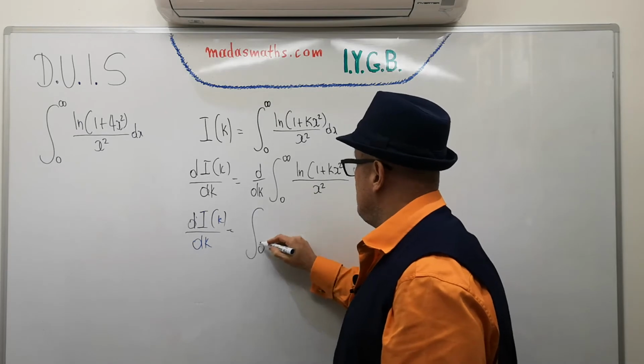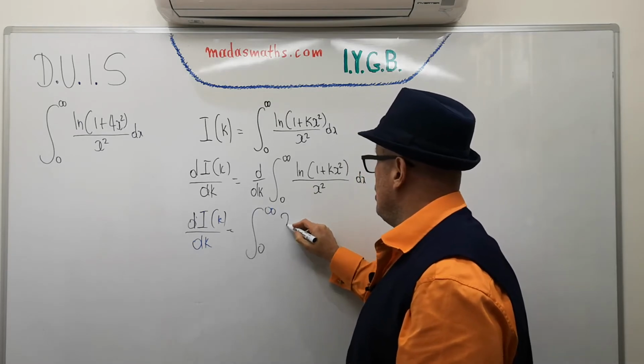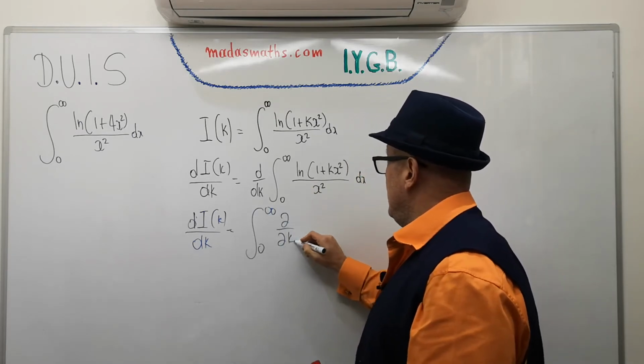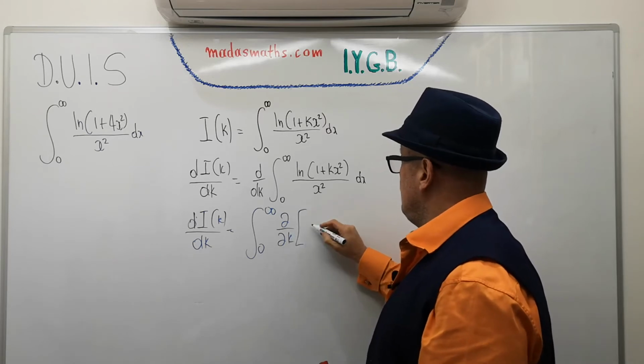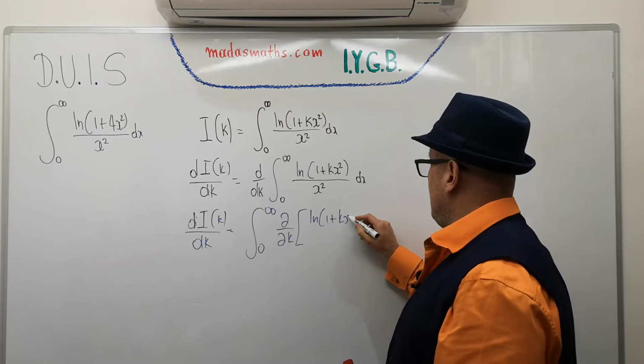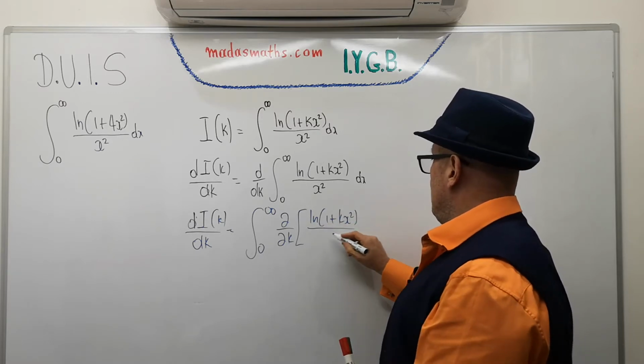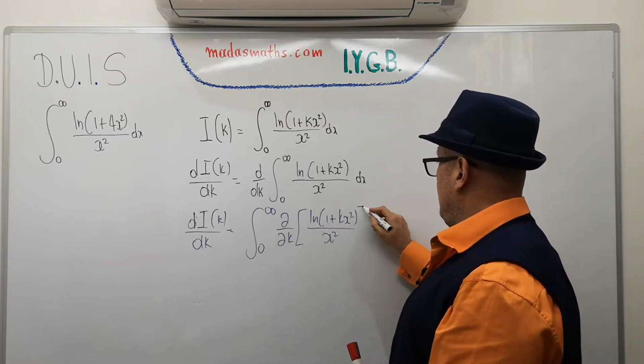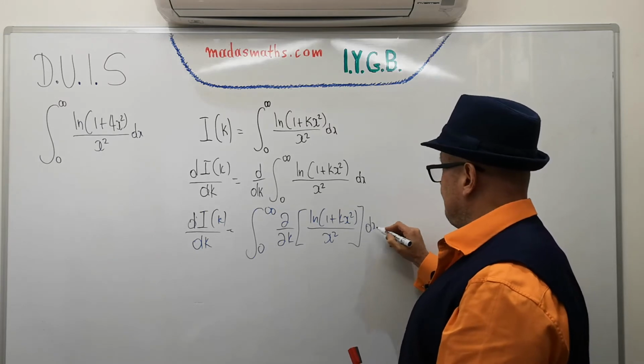Now we're swapping integration and differentiation, so it's partial with respect to k of this expression here, which of course is the log of 1 plus kx squared over x squared dx.